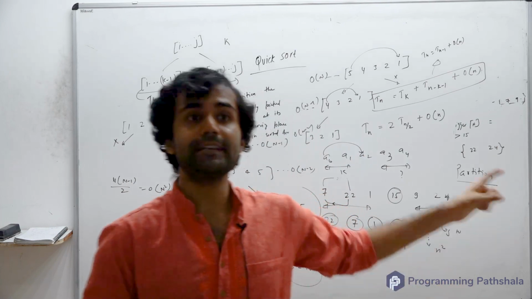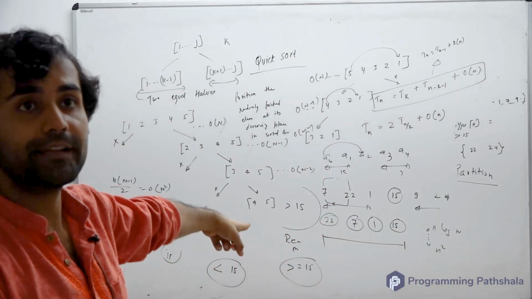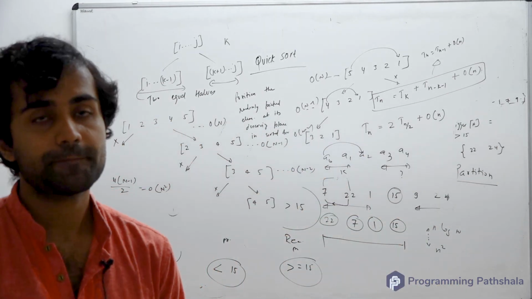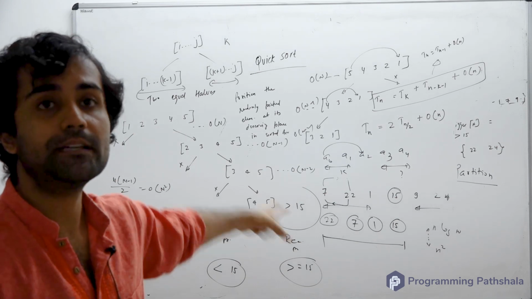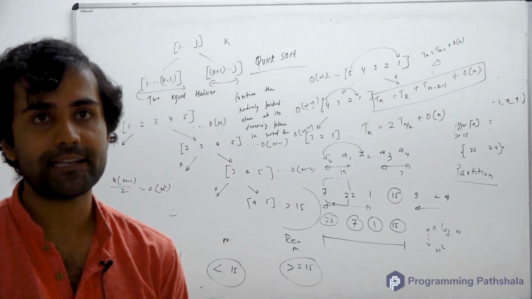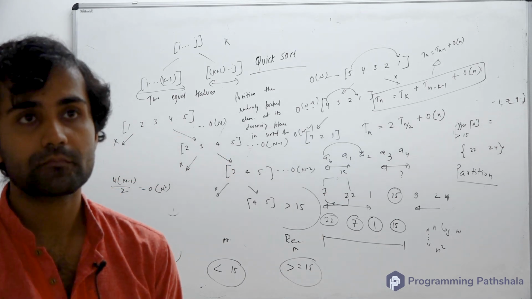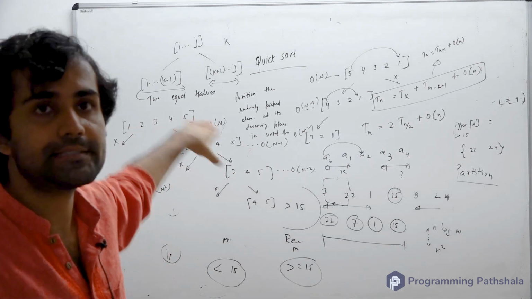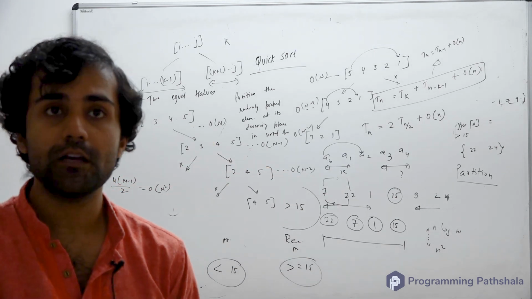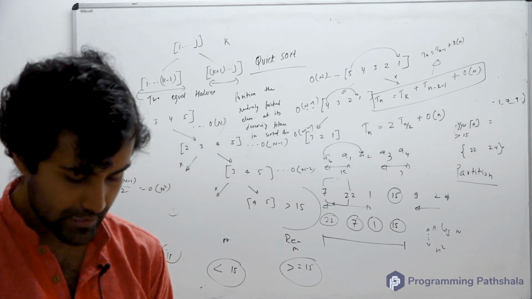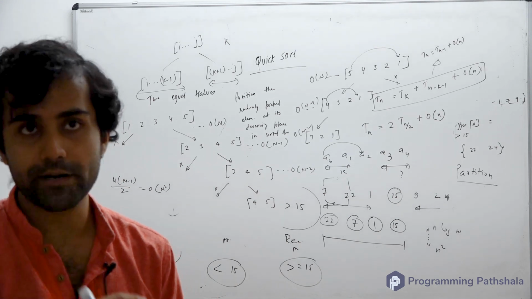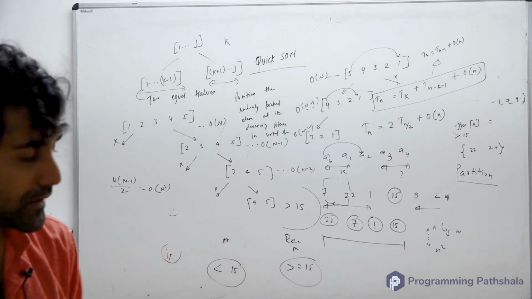Okay, and also there is some extra space for the recursion stack. What can be the largest size of the recursion stack? Can somebody tell me? Order n, when you are getting this skewed kind of thing for a sorted or completely unsorted array. And in the best case, it can be order log n, just like merge sort, correct?